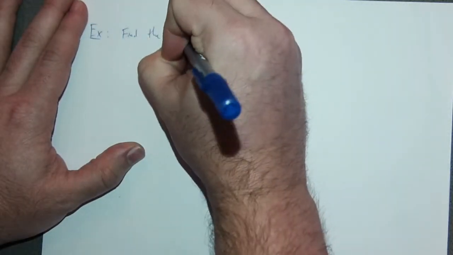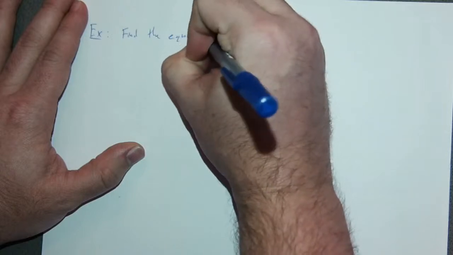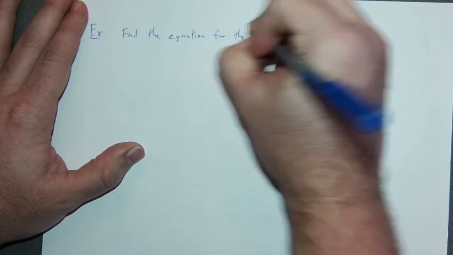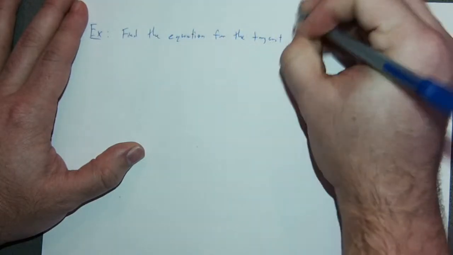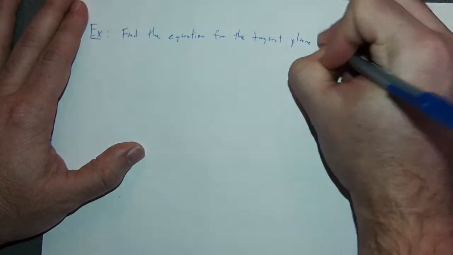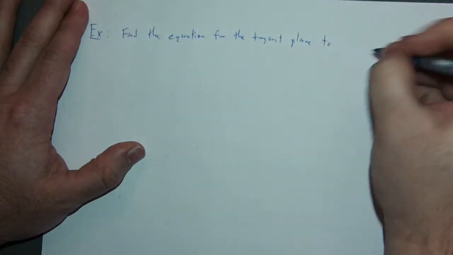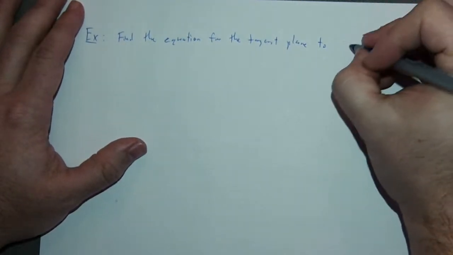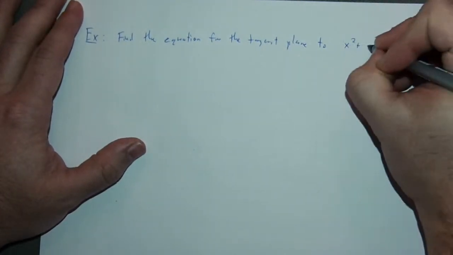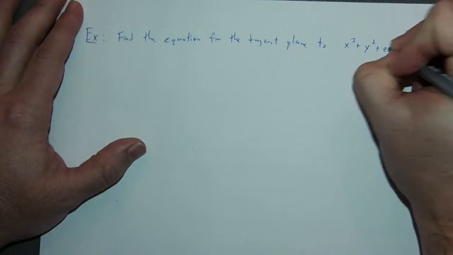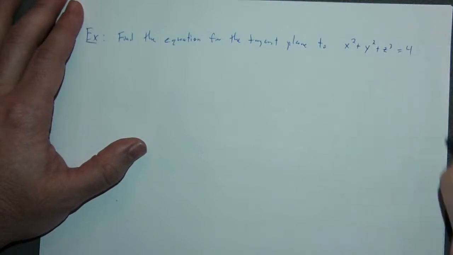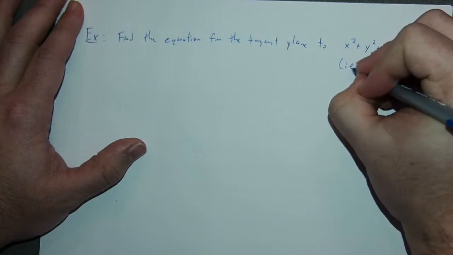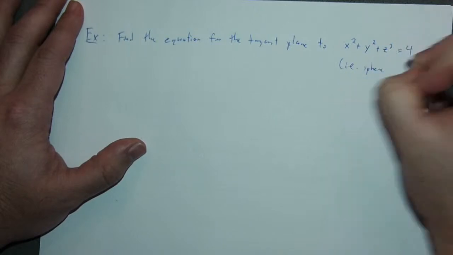Find the equation for the tangent plane to, say, the sphere of radius 2. That is x squared plus y squared plus z squared equals 4, i.e. a sphere of radius 2, centered at the origin.